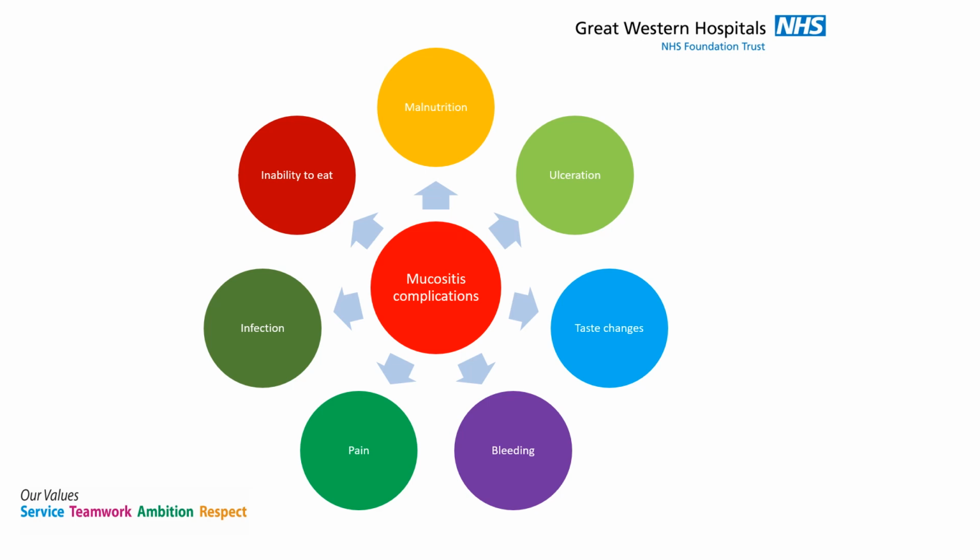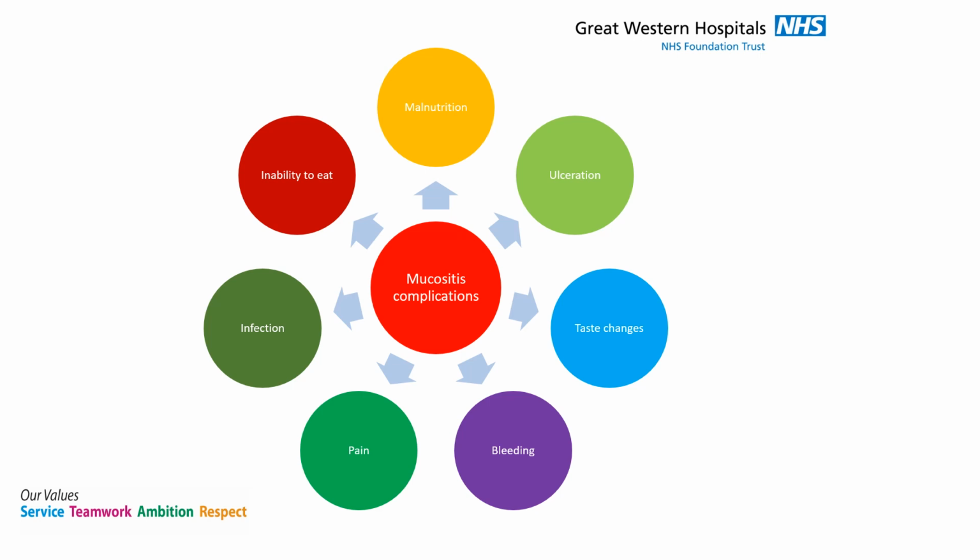So mucositis can cause a whole host of complications, and with transplant patients we usually see that around day 7 post chemotherapy, because it generally takes chemotherapy about a week to cause the most damage. The complications we see because of mucositis are generally initially ulceration.